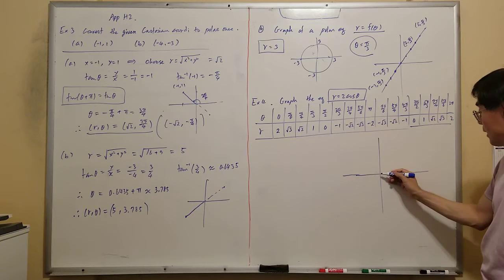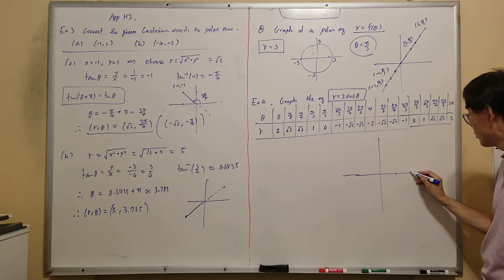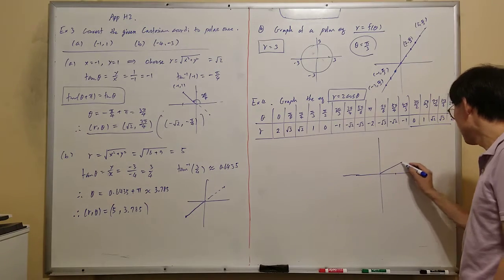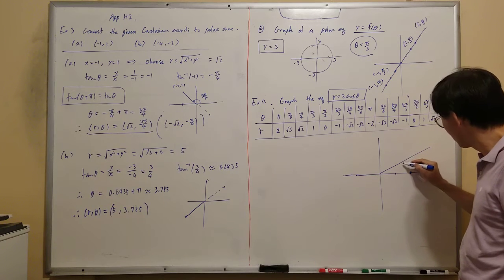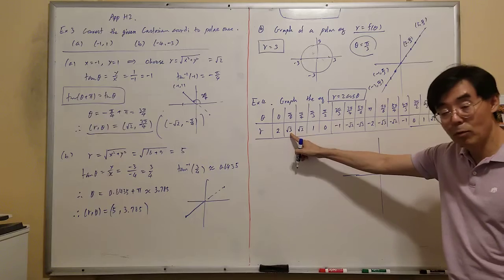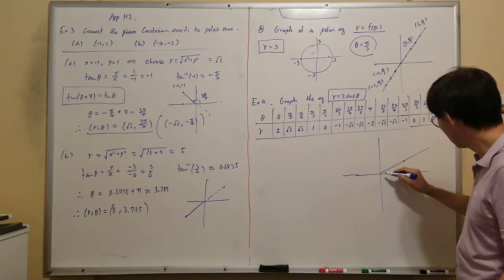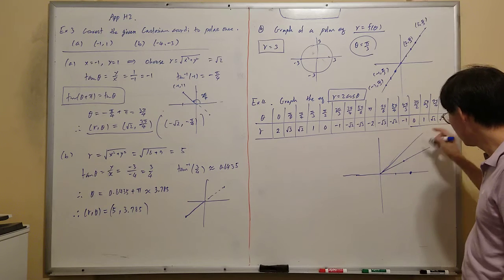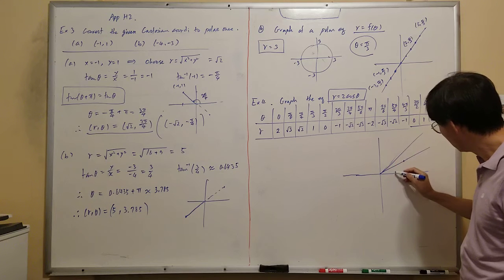So if you draw the graph, when theta equals 0, you're at 2, right? And at pi over 6, this is length 2, but this is about 1.7 something, so it'll be a little bit shorter around here. At pi over 4, that direction, 1.4 something.